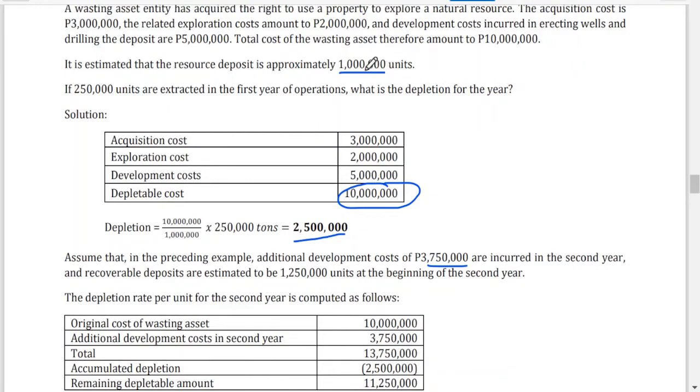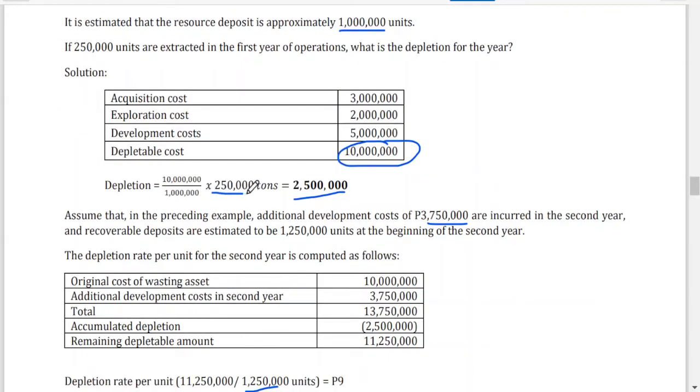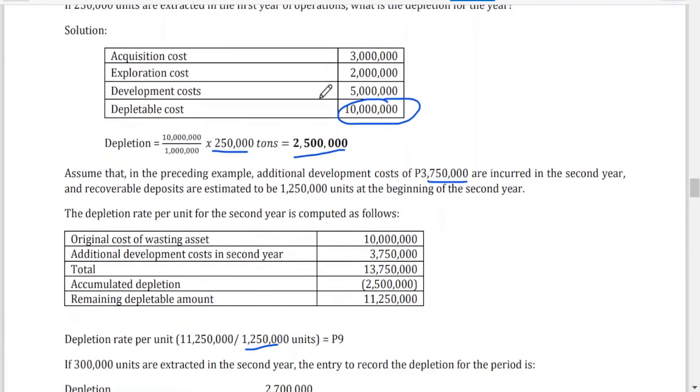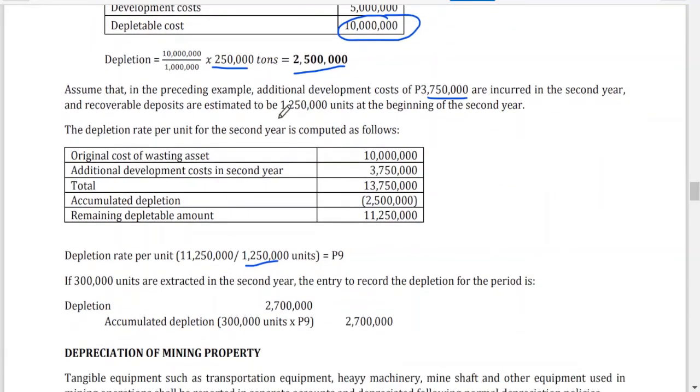So kung 1 million tanan-tanan ang pwedeng ma-extract from the property and naka-extract na to og 250,000 units, therefore ang remaining, ang nahabilin, supposed to be is 750,000 tons. Okay? But na-change mo ng estimate.